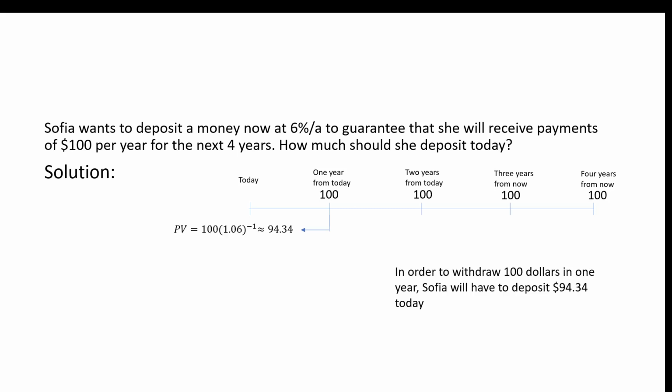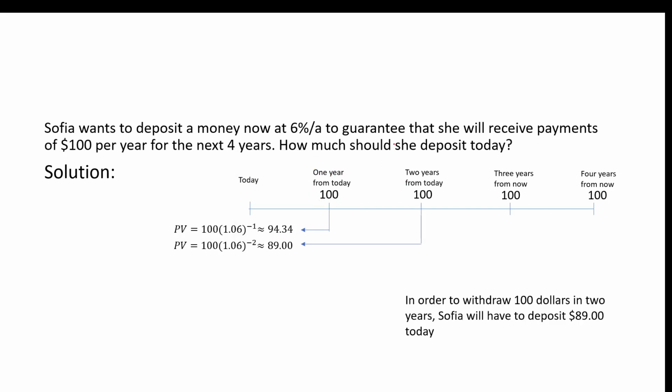So we're going to say the present value today of the $100 a year from now is 94.34. She needs to put 94.34 into the bank today with the current compounding interest situation to ensure that she'll have $100 a year from now.